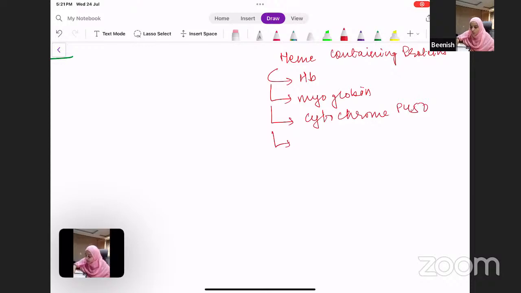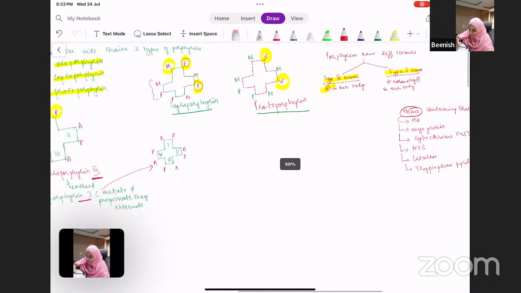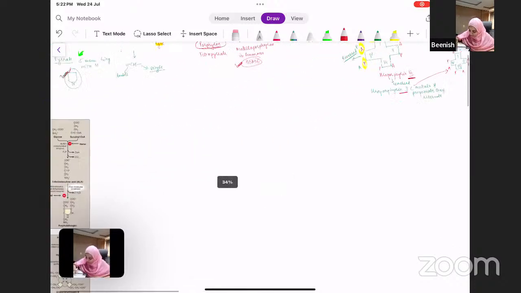Then you have nitric oxide synthase, that is NOS, nitric oxide synthase. Then you have catalase. Then you also have tryptophan pyrrolase. Okay, so these are the list of some proteins in our body that are having heme in its structure. And the structure of heme, I hope it's very clear. Now let's move forward to synthesis of heme.